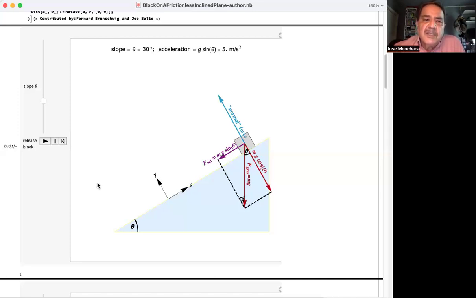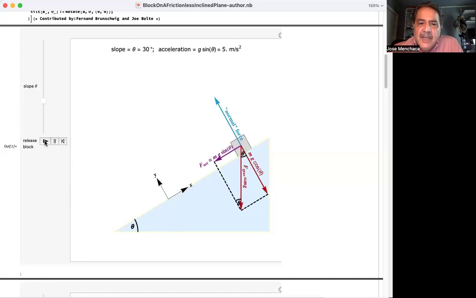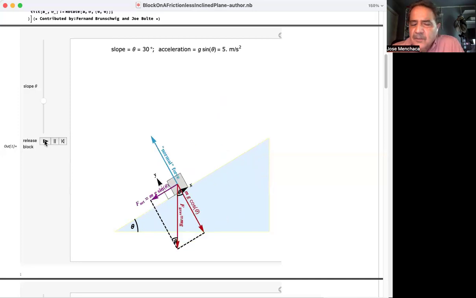And you can see that right now the angle is 30 degrees, so the acceleration is reduced to 5 meters per second squared. If we were to release a block, it would slide at a particular rate.